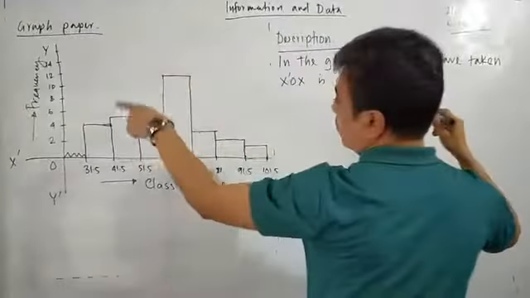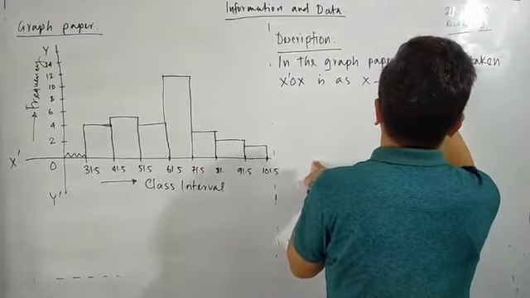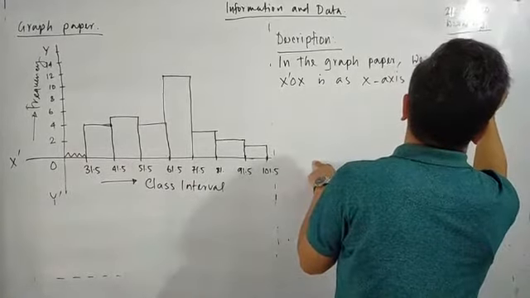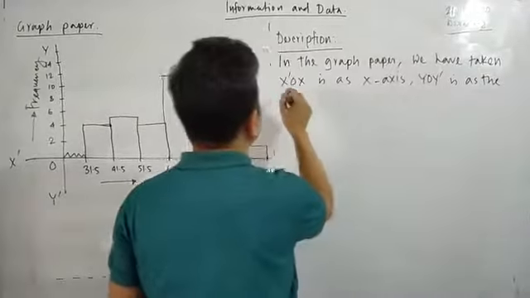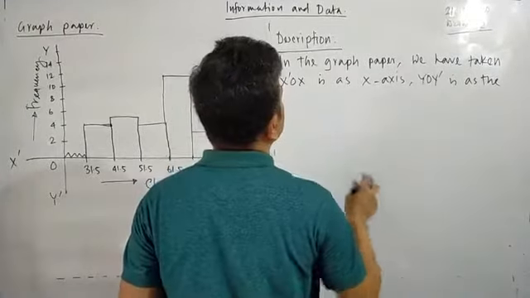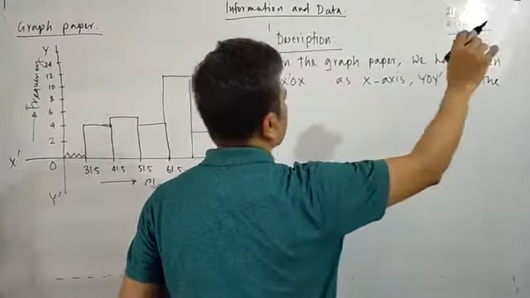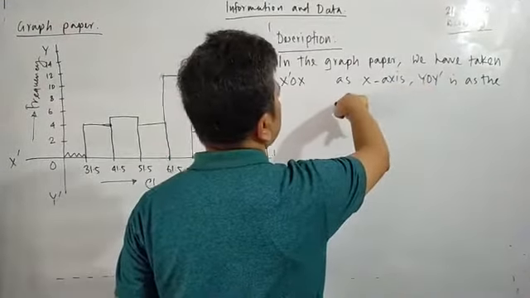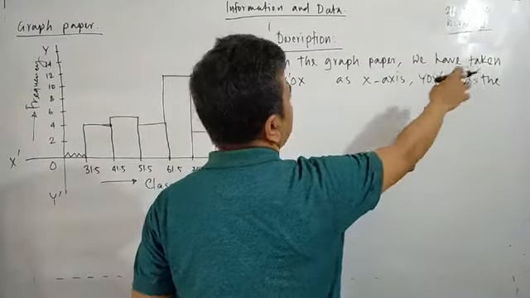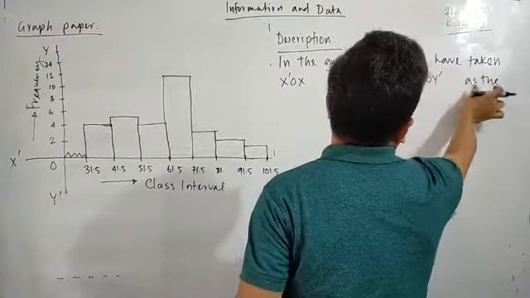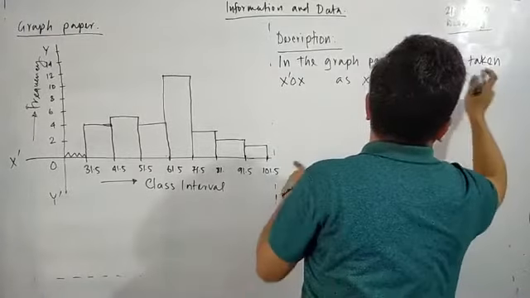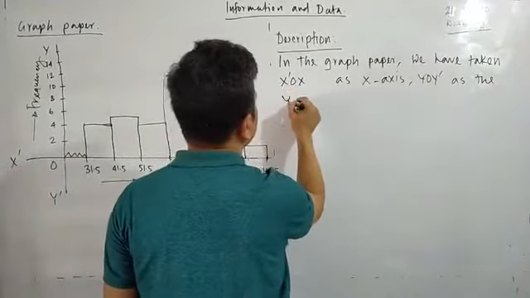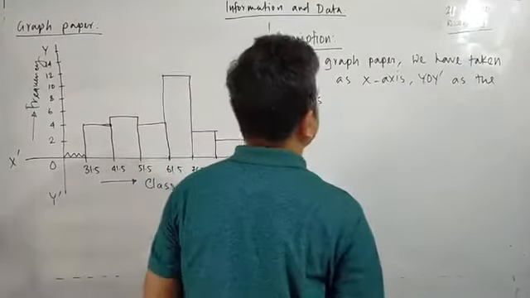And y or y prime is the y-axis. We have taken x or x prime as the x-axis, and y or y prime as the y-axis.